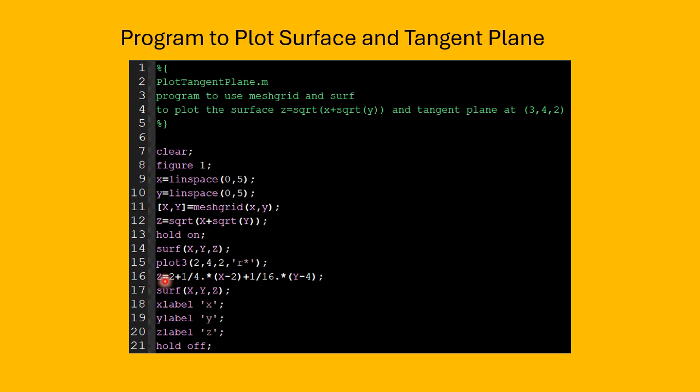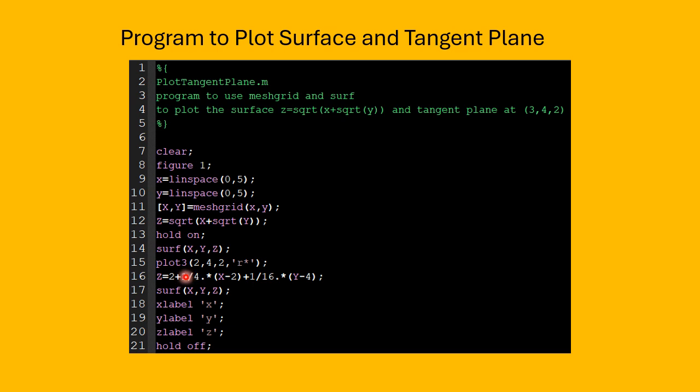Then we'll plot the plane. So we have z equals 2 plus 1/4 times x minus 2 plus 1/16 times y minus 4. Since we're doing array operations, we'll use a dot times here, a dot times here. In this particular case, the dot's probably not necessary because we're just multiplying by a scalar, a number.